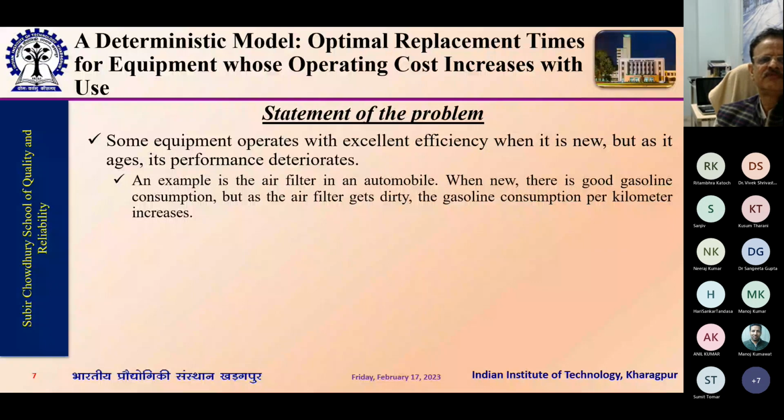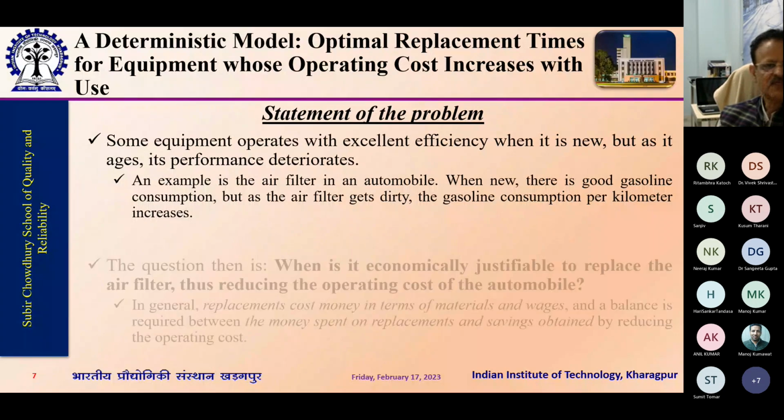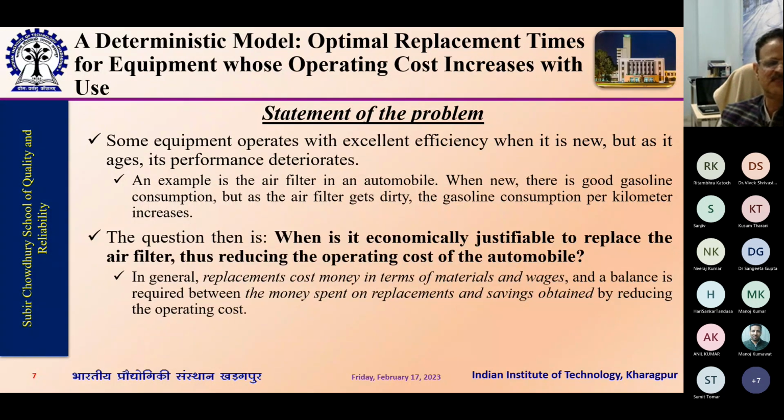Coming to the first model, for the deterministic case, we say that some equipment or item operates with excellent efficiency, for instance a filter when it is new, but as time goes on it ages and its performance deteriorates. In other words, the performance in terms of cost is going to increase.